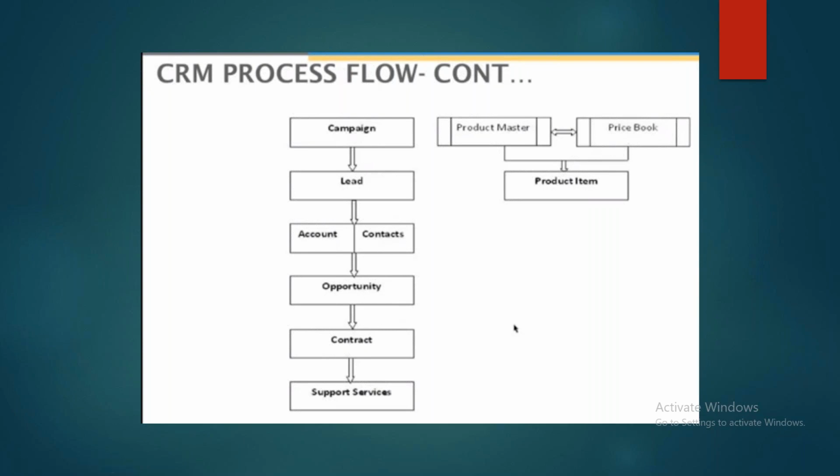This is what happens. Account contains the company information, what company I belong to, and all the information about the company. Contact has the contact numbers and who works at that particular company or account. And opportunity is how many opportunities this particular company has given.